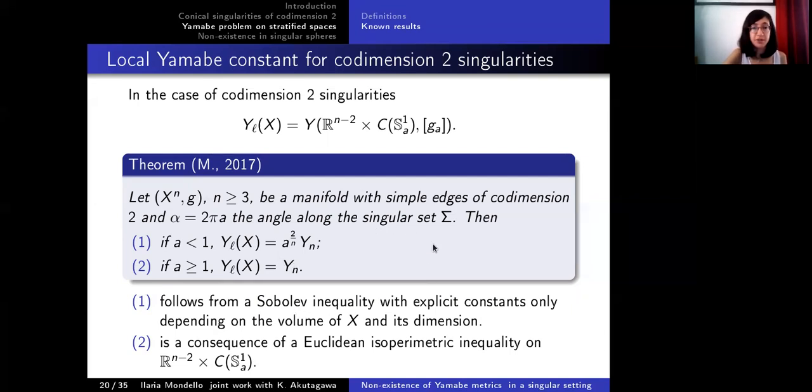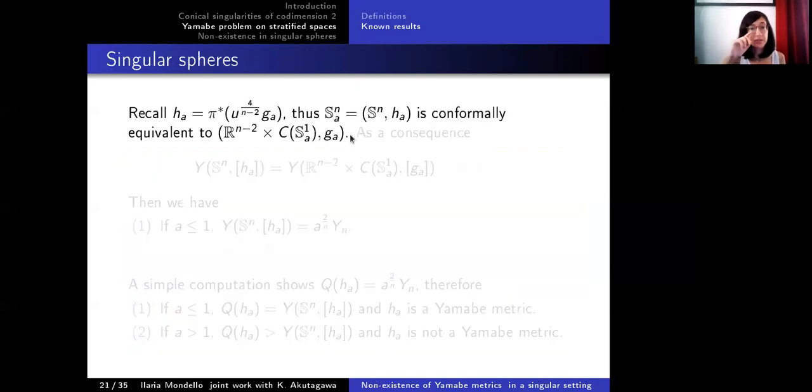Okay, what are the consequences of this result in the case that we are going to consider most, which is the one of singular spheres? So remember, singular spheres were spheres with this pullback metric that puts an angle 2 pi a along a great circle of codimension 2.